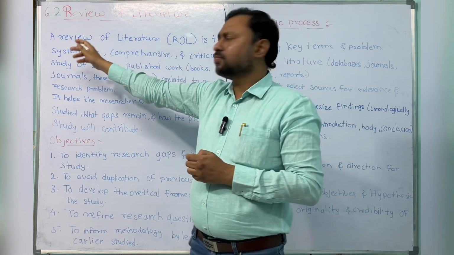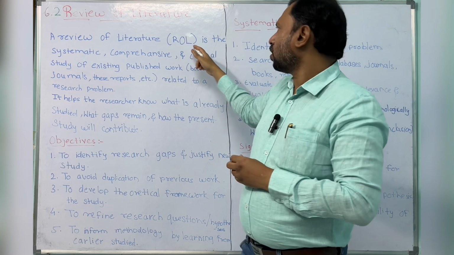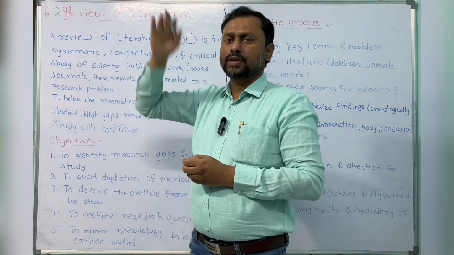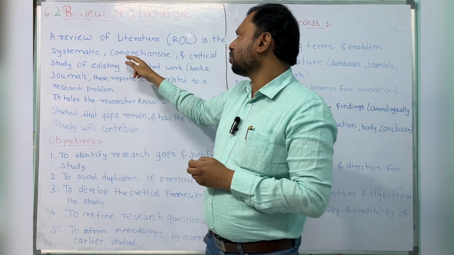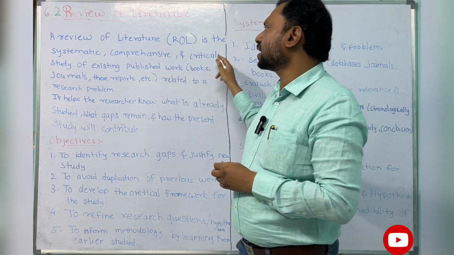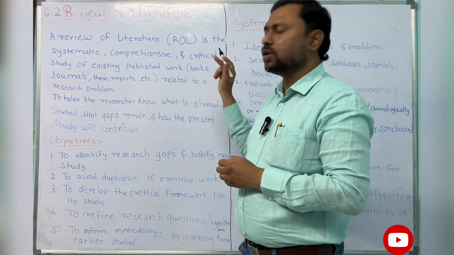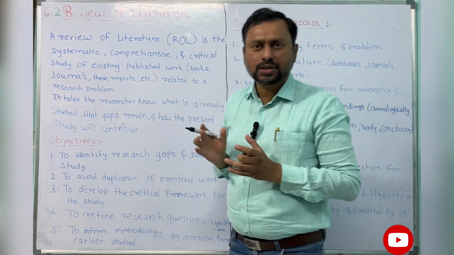Now, the term review of literature, in short, is called ROL. It is a systematic study in which we are doing a comprehensive, detailed analysis and critical study of existing published work.